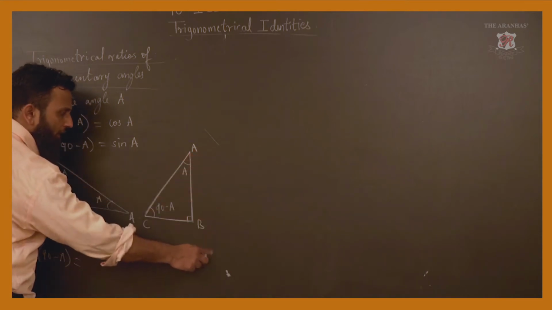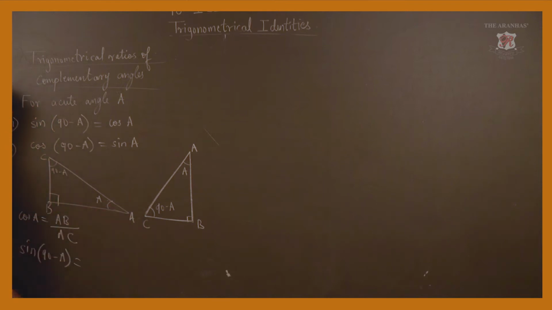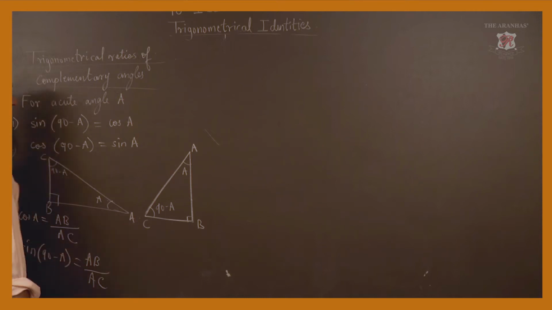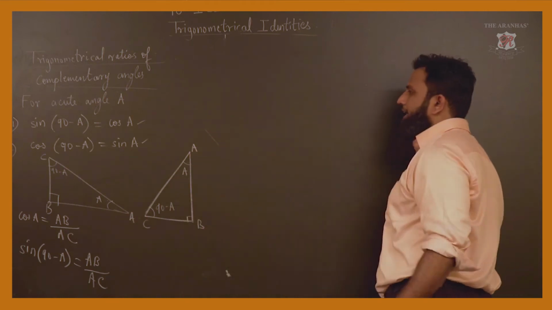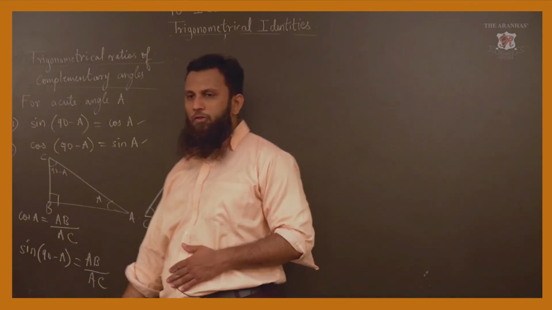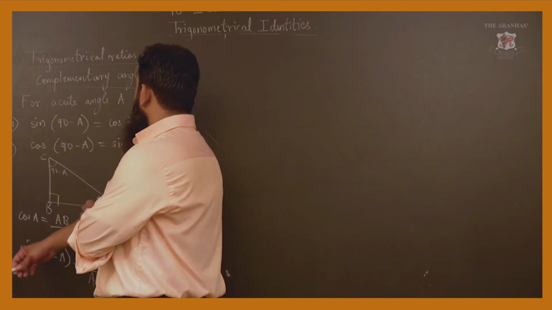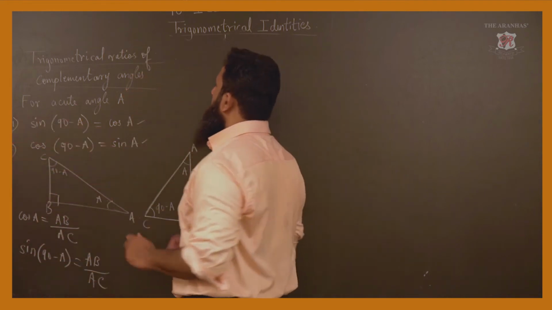It will be the perpendicular with respect to hypotenuse. So it will be AB upon AC. So if you observe, cos A is also AB upon AC, whereas sin of 90 minus A is also AB upon AC, and hence we can say sin 90 minus A is equal to cos of A, and cos 90 minus A is equal to sin of A.